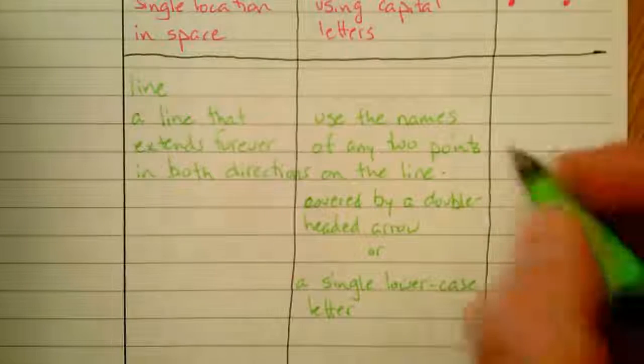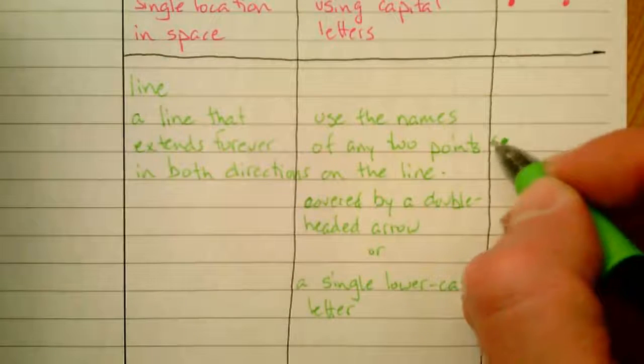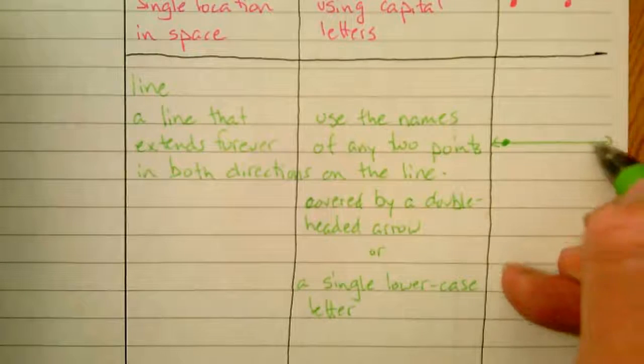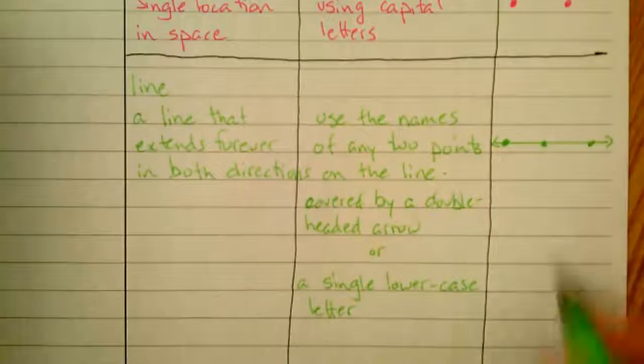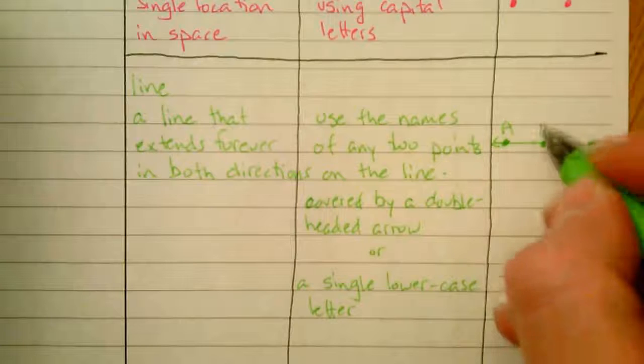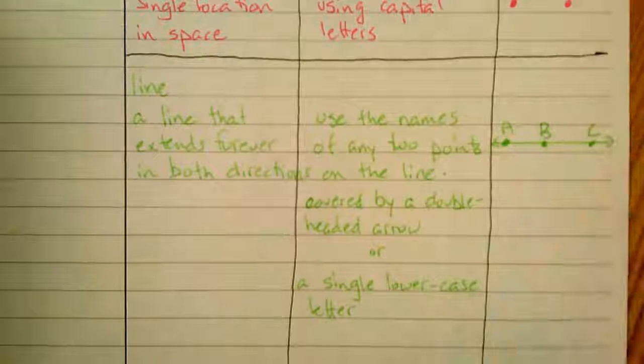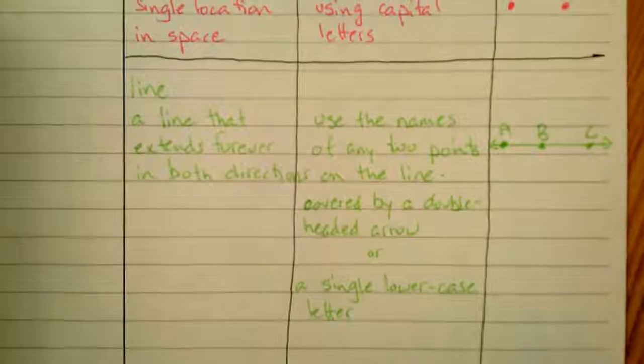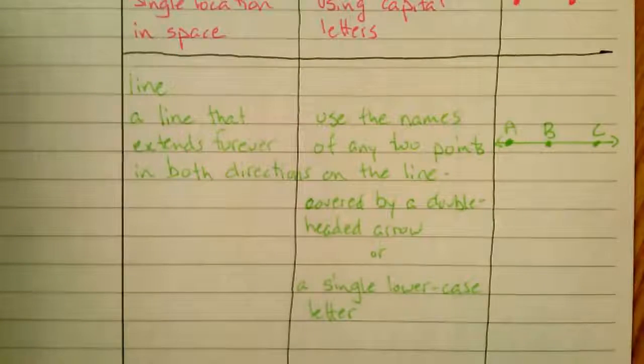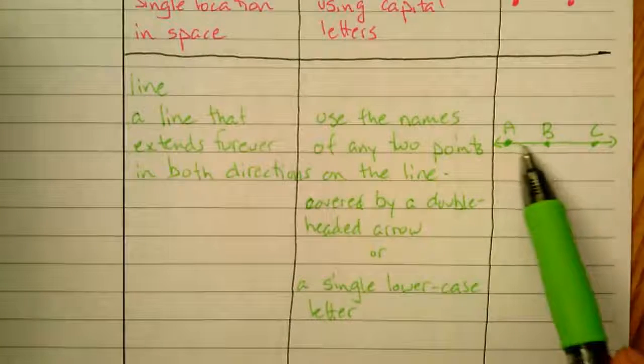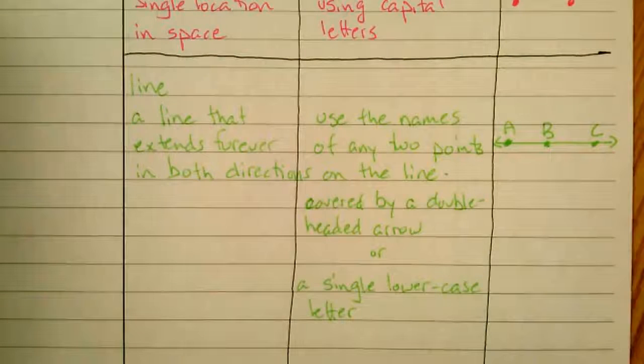So for example, this line here has 3 points on it, A, B, C. I should stop for a second and remind you that it has 3 labeled points. Of course, there are an infinite number of points on the line. Every place in between these points is another point. But there's just 3 that are labeled.